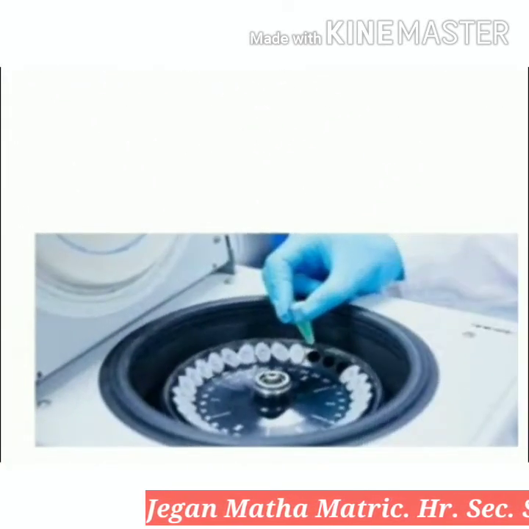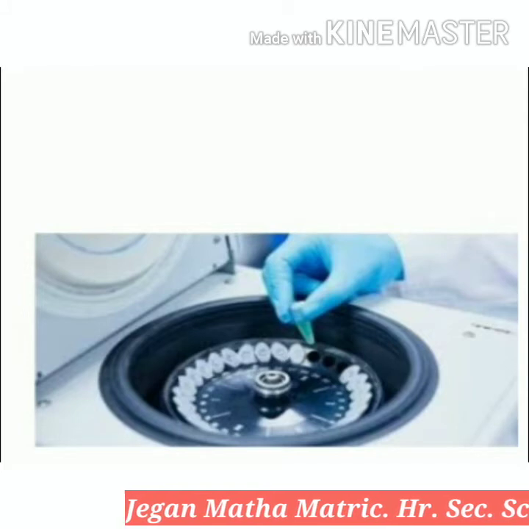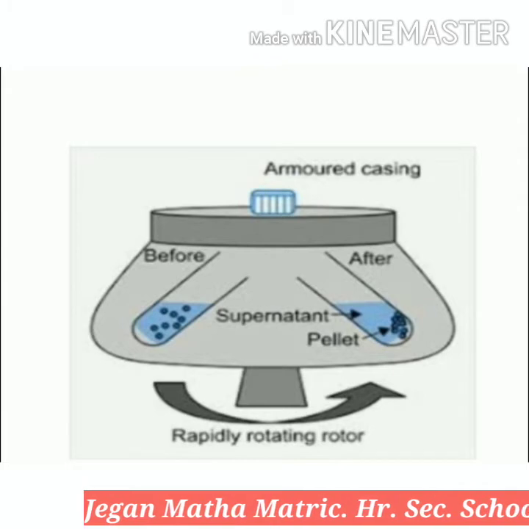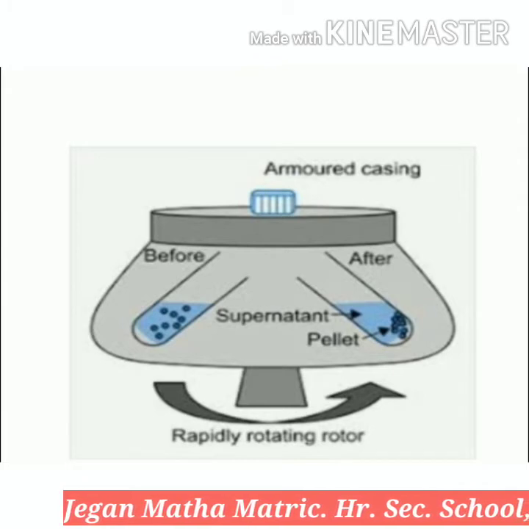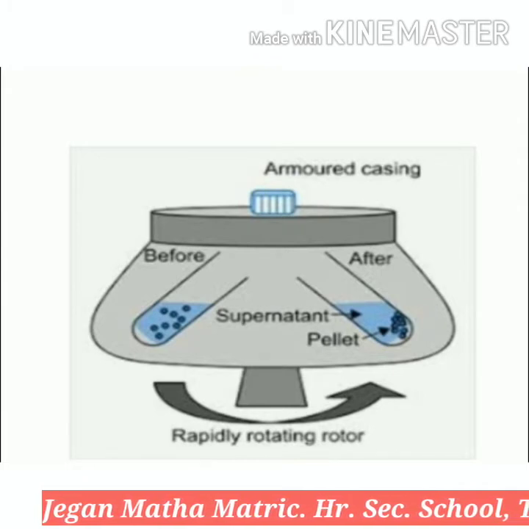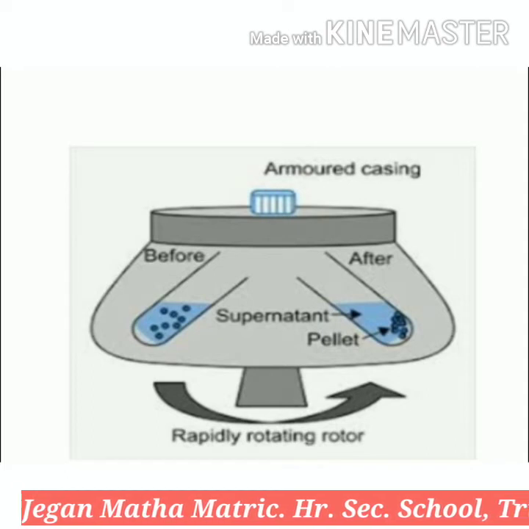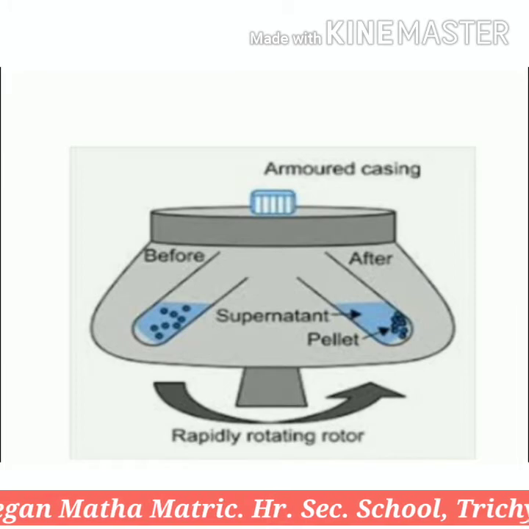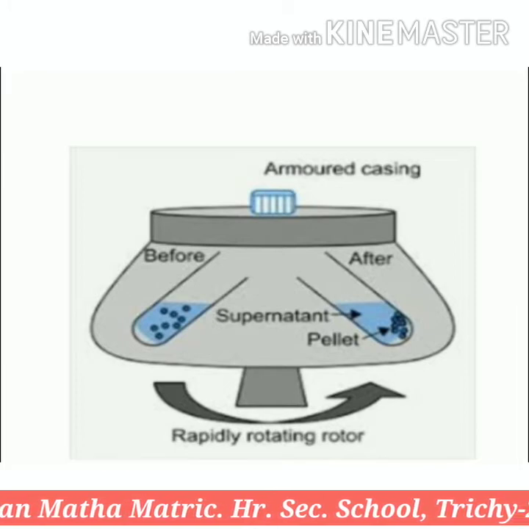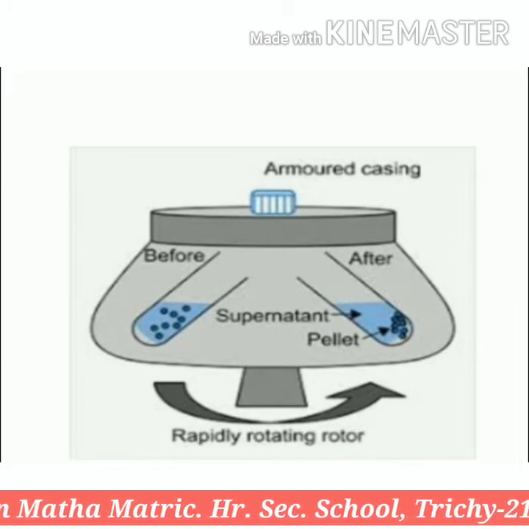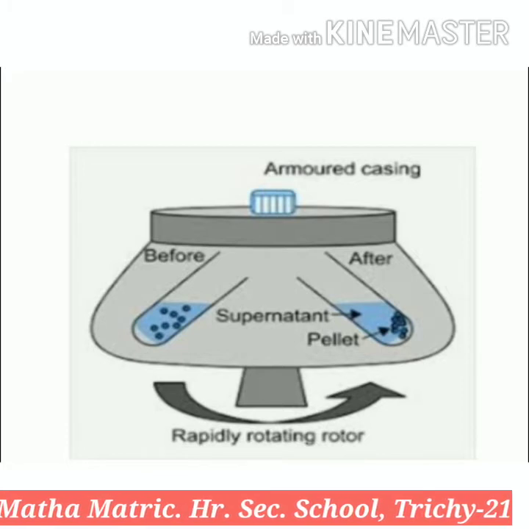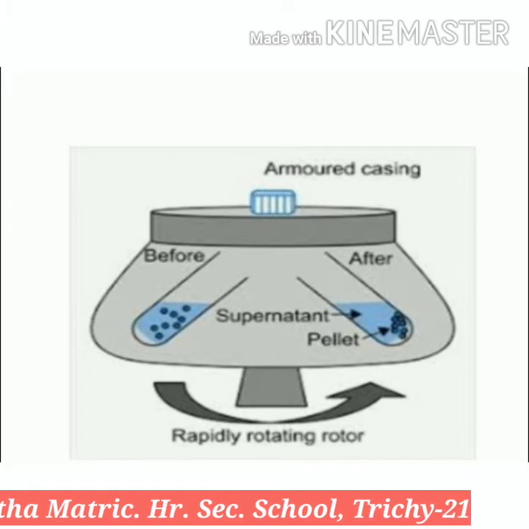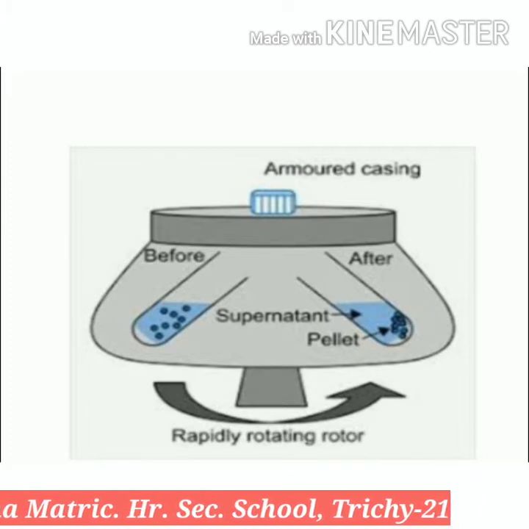This is the structure of the centrifugation. This is the centrifugal machine. The first tube has the particles mixed in the solid-liquid mixture. Then in the second tube, the solid substance is separated at the bottom of the tube, and the liquid is only in the upper part of the tube.